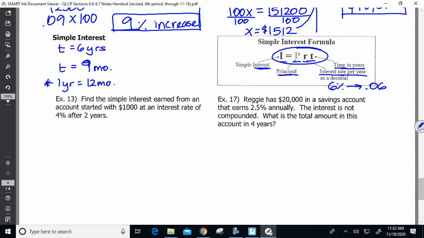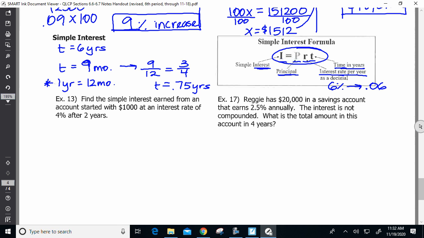So therefore, you would have to take 9 and divide it by 12 in order to use it. So 9 divided by 12 reduces to 3/4, which is 0.75 years. So that would be your T value. So it's very, very important that you understand that time has to be in years.